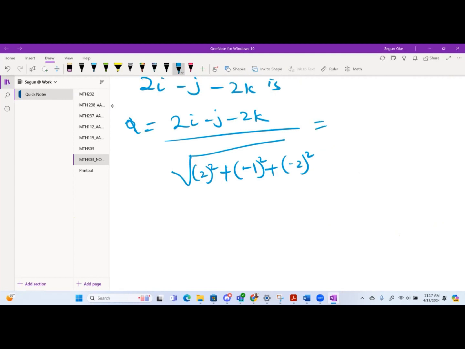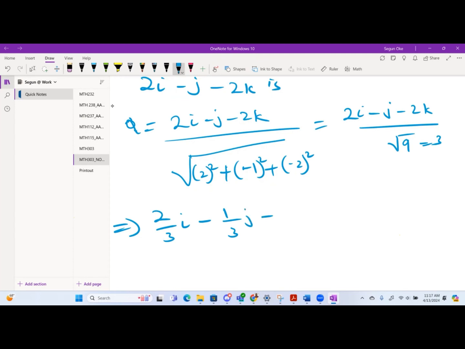It simply means we have 2i minus j minus 2k over square root of 9, which equals 3. Don't forget. So we now have it to be 2 over 3 i minus 1 over 3 j minus 2 over 3 k. You can see the difference.